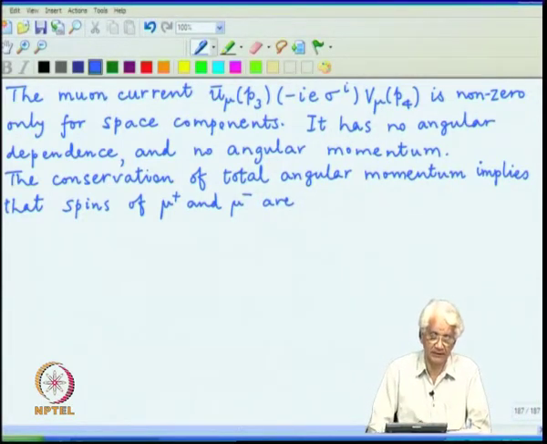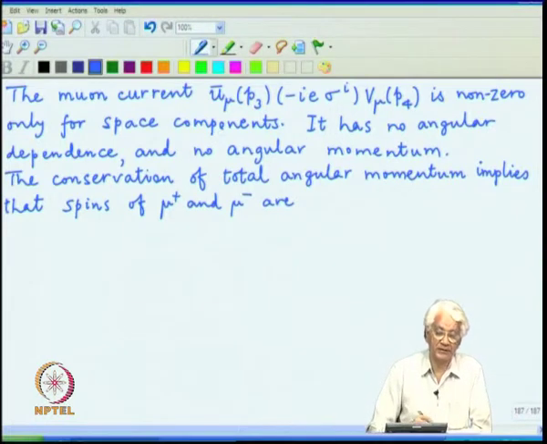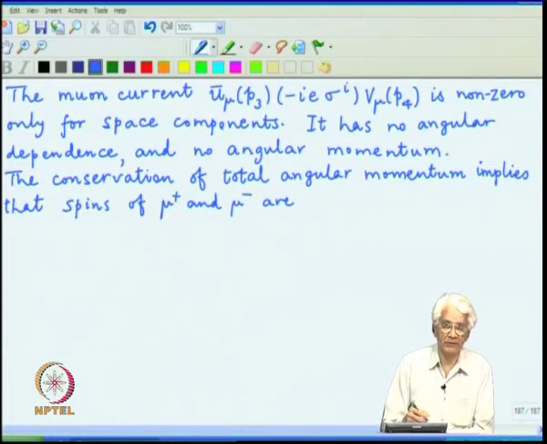We have been dropping the expression for mass of the electron everywhere, or rather treating them as massless. So, the spins of mu plus and mu minus add up to an angular momentum, which has to be the same as the angular momentum provided by the electron, but the electrons have only helicities, which is directed along their initial direction of collision. So, the mu plus and mu minus, even though they are emitted isotropically, their spins are along the e plus e minus collision directions.